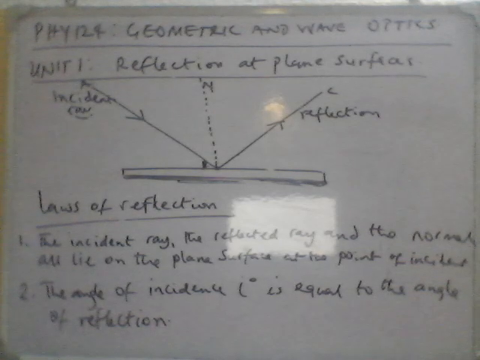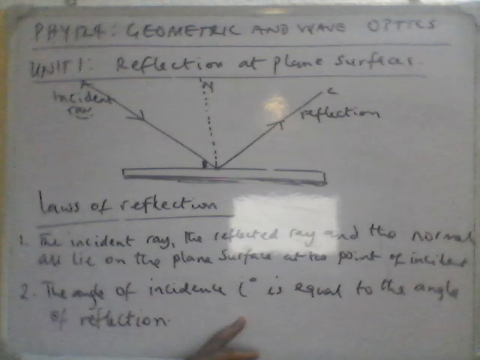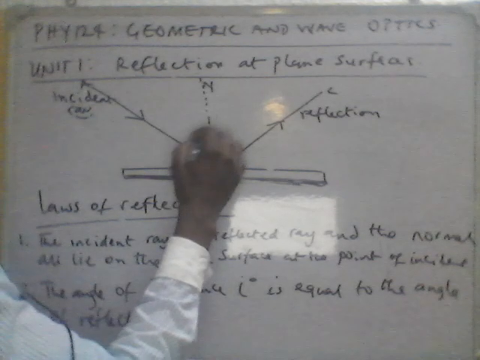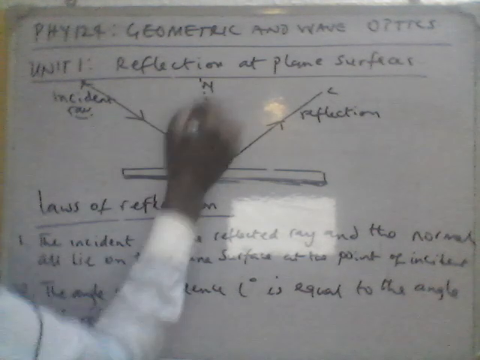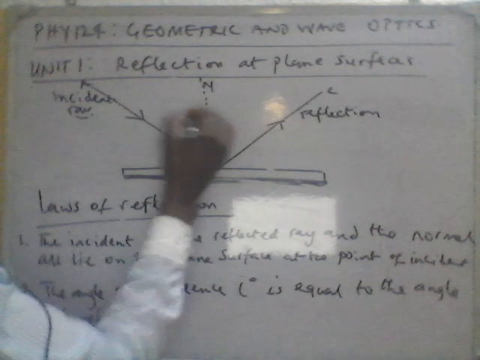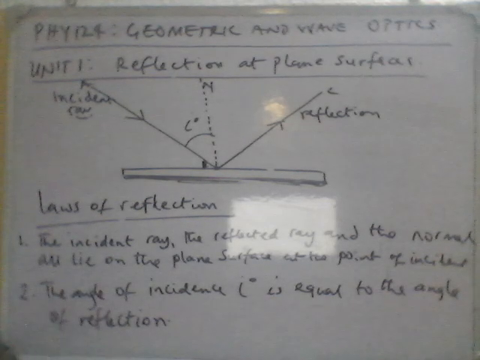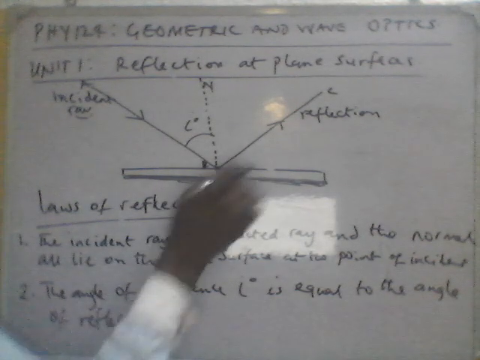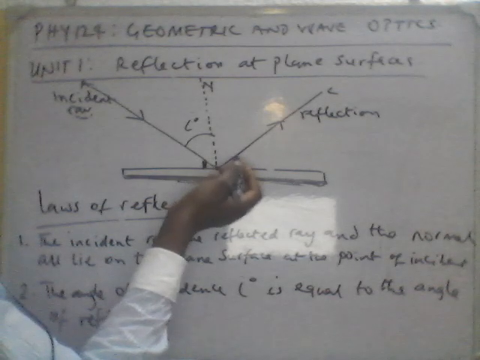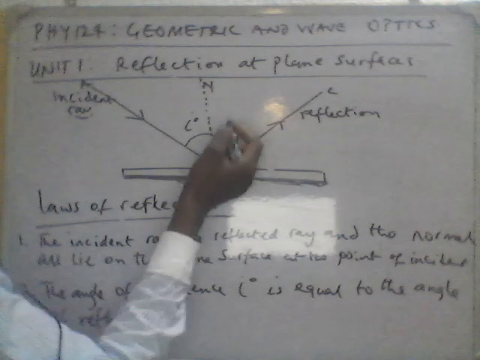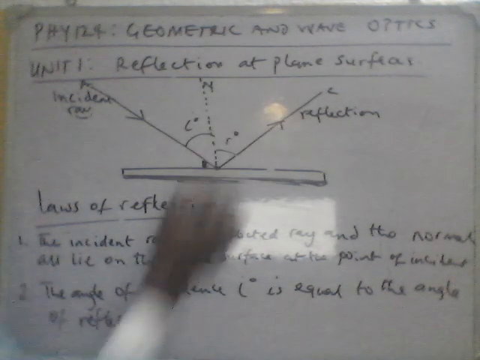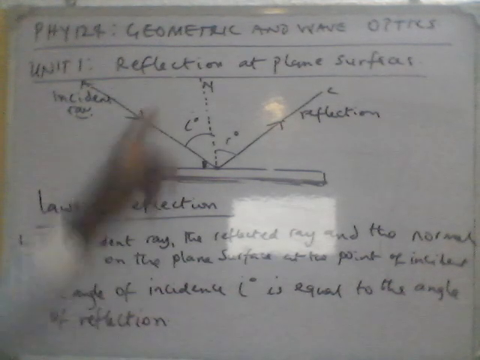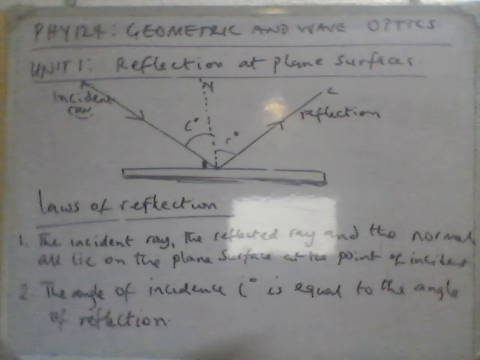Now, the second law of reflection states that the angle of incidence is the angle formed between the incident ray and the normal. So this I degree is the incident angle, and the angle of reflection is the angle formed between the reflected ray and the normal. But the second law says that the angle of incidence I is equal to the angle of reflection.